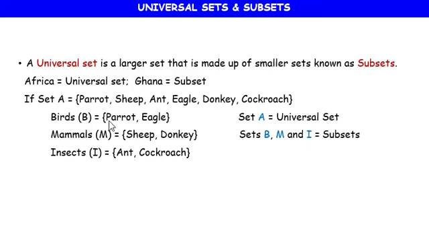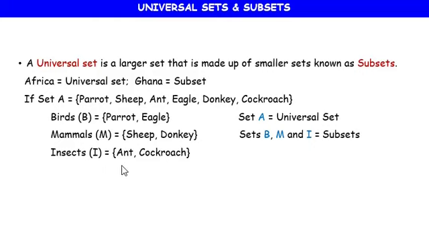We can call it set B. And then we can group the sheep and the donkey in another set called set M. We can also group the ant and the cockroach in another set called set I. So parrot and eagle have something in common: they are both birds. Sheep and donkey are both mammals. Ant and cockroach are both insects.